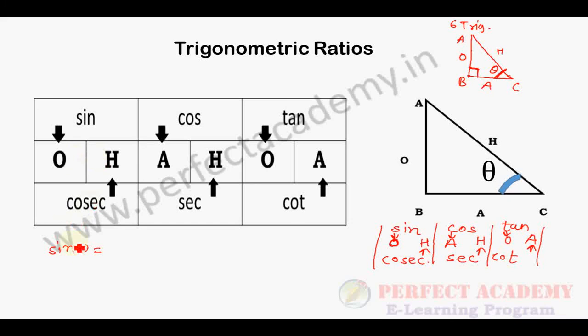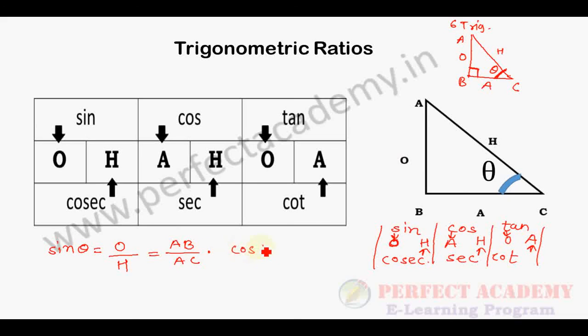See, sine theta will be opposite side to hypotenuse, that is O by H. If I observe the triangle, either the triangle I have drawn or the triangle already given in the slide, it doesn't matter, both are really the same. So O will be AB, that is the opposite side will be AB and the hypotenuse will be AC. So sine theta is AB by AC.